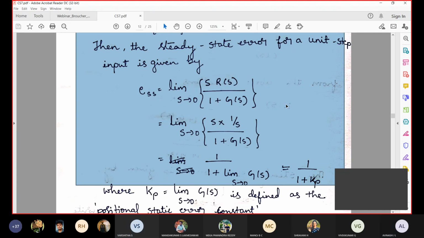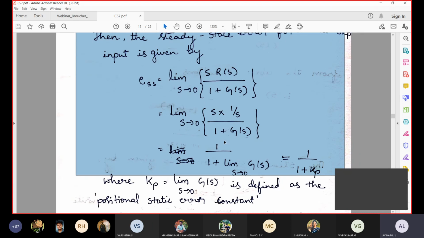Yes, sir. So in that case, we have taken 1 by s, so s into 1 by s obviously cancels. If you apply the limit, the numerator is a constant value, so it will be 1 only. In the denominator, 1 plus G of s is the value.